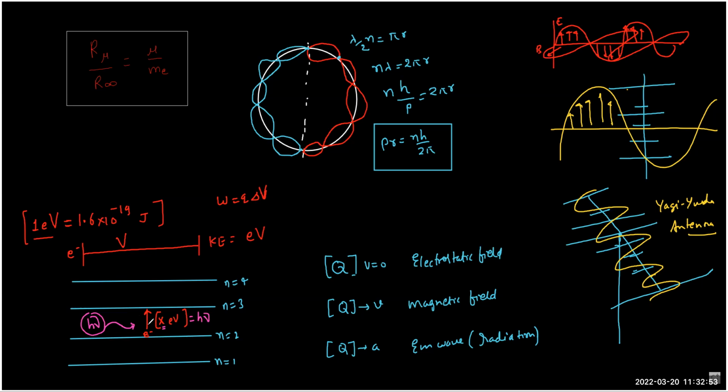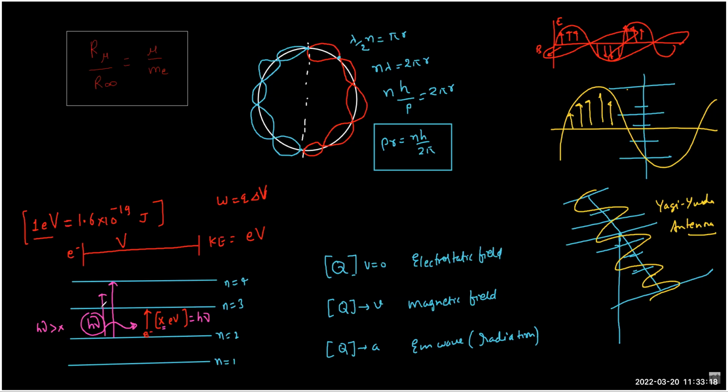So what will happen if h nu is less than x eV? Will the electron go up to here and come back, or will it not go at all? That's the question. Again, what happens if h nu exceeds x, but is not good enough to make another transition?